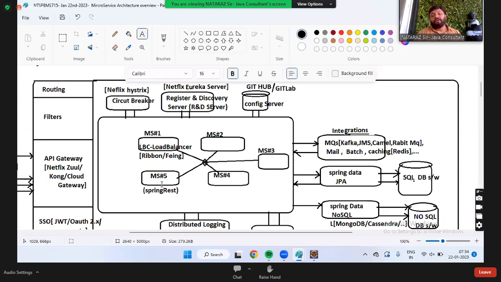For that purpose, what is the tool we need? Circuit breaker. And what is the example for circuit breaker in the market? Netflix Hystrix is the circuit breaker.